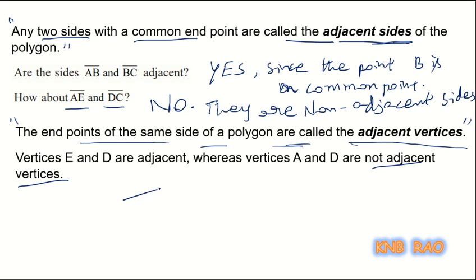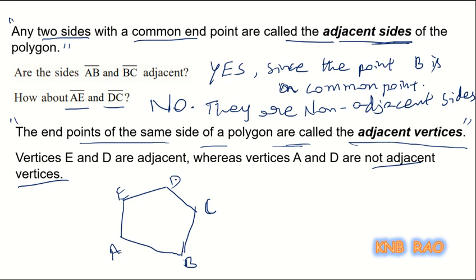For example, in this polygon A, B, C, D, E, A and B are the endpoints of this side, they are adjacent vertices. B and C are adjacent vertices.